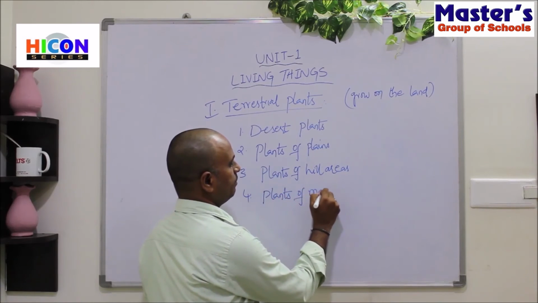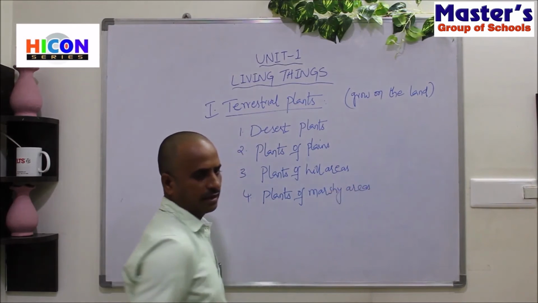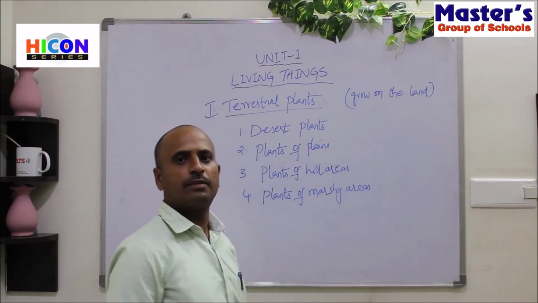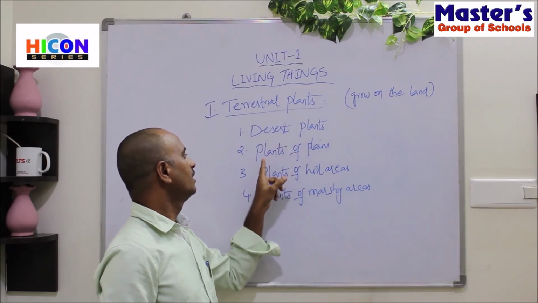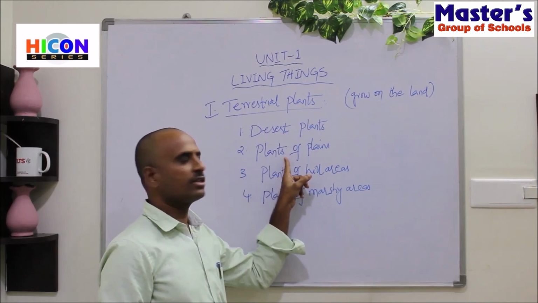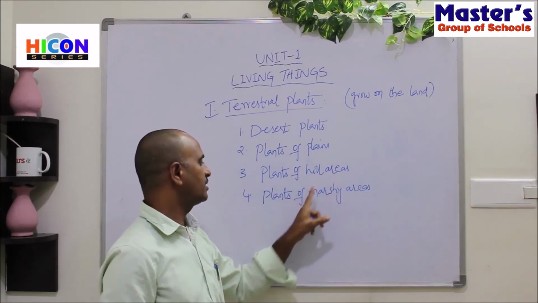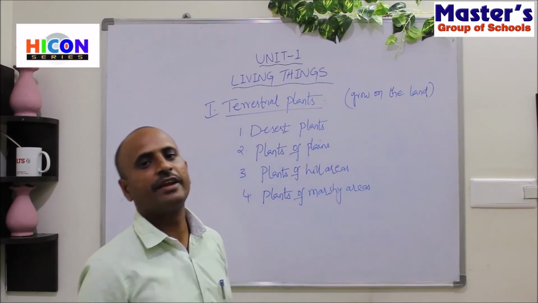So these are the four types of terrestrial plants.